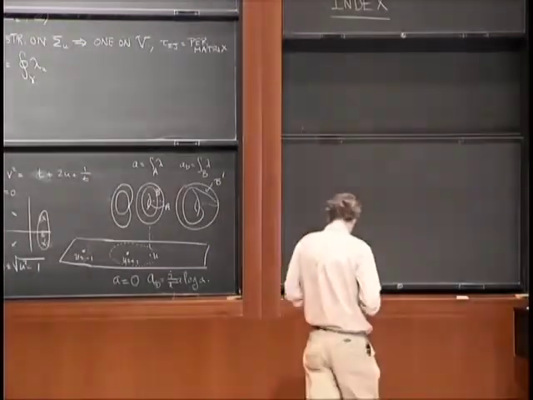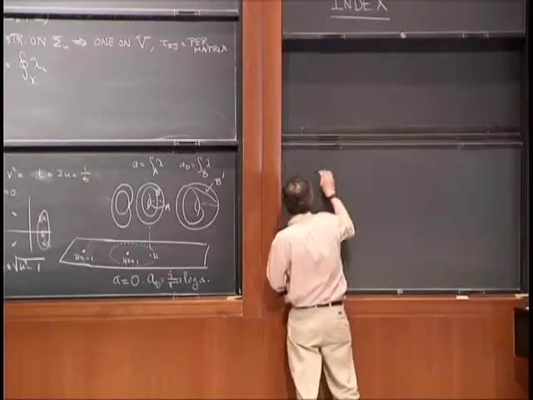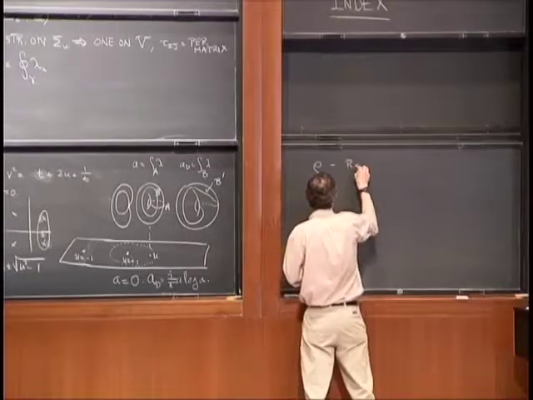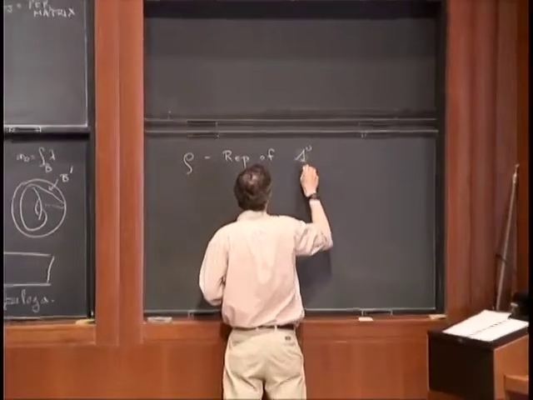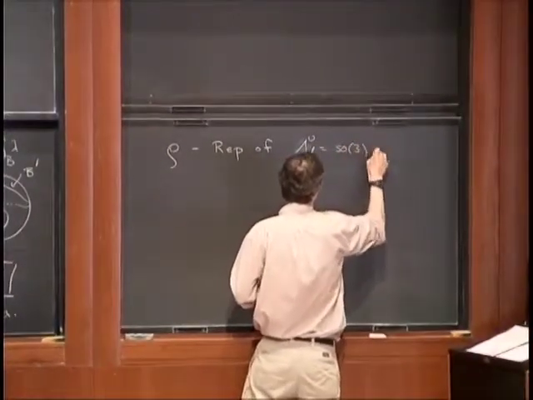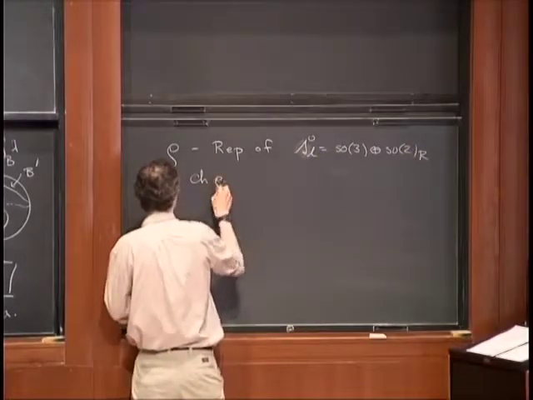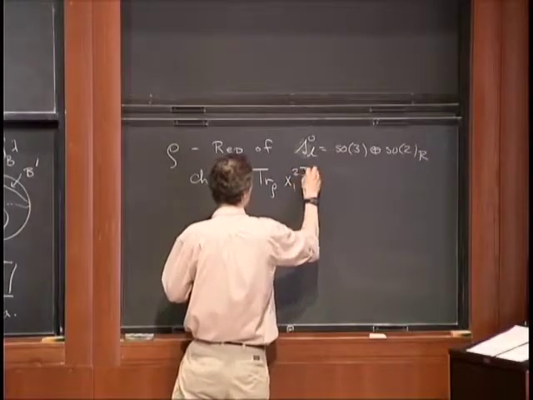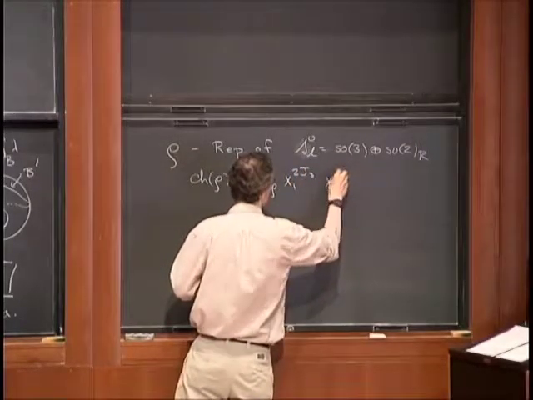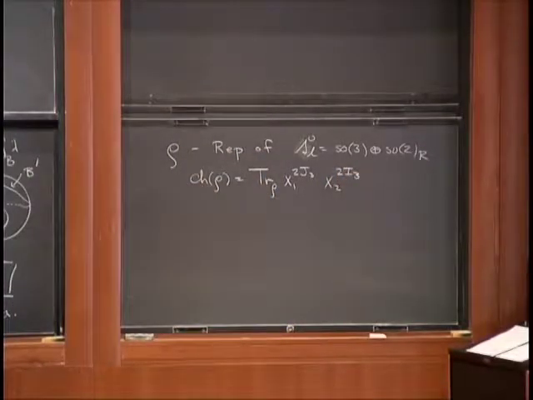OK, so now there's a nice index you can introduce. So if I have rho, a representation of the bosonic part of my little superalgebra, SO3 direct sum SU2R, I'll say its character, the character of rho, is the trace of x1 to the 2j3, x2 to the 2i3, where j3 is one of the generators of SO3, and i3 is one of the generators of SU2R.